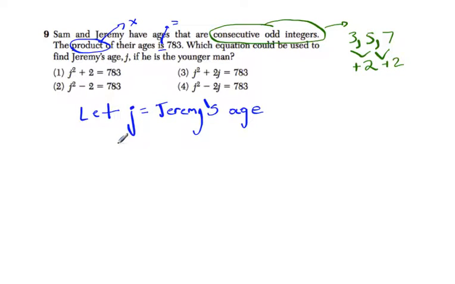That means whatever Jeremy is, J, again Sam has to be older here, will be 2 years older. Because as we mentioned earlier, odd numbers that are consecutive have to be separated by 2. So this will be Sam's age.